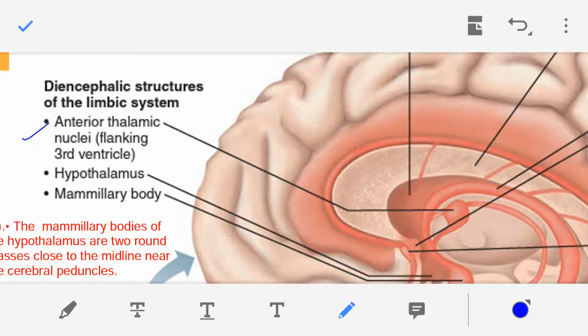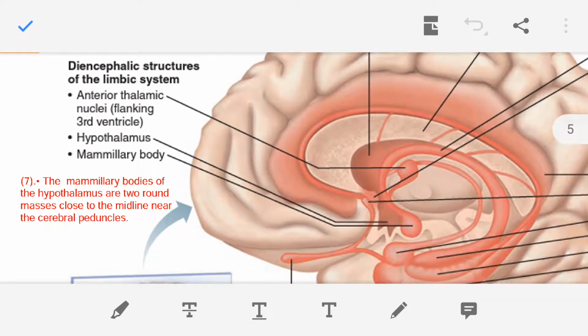Then hypothalamus, then mammillary body, also part of the diencephalon. All these three are part of the diencephalon, and they are also part of the limbic system.